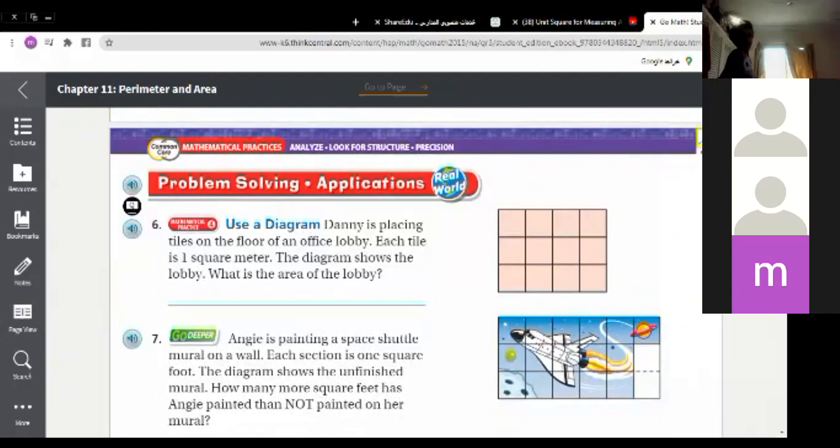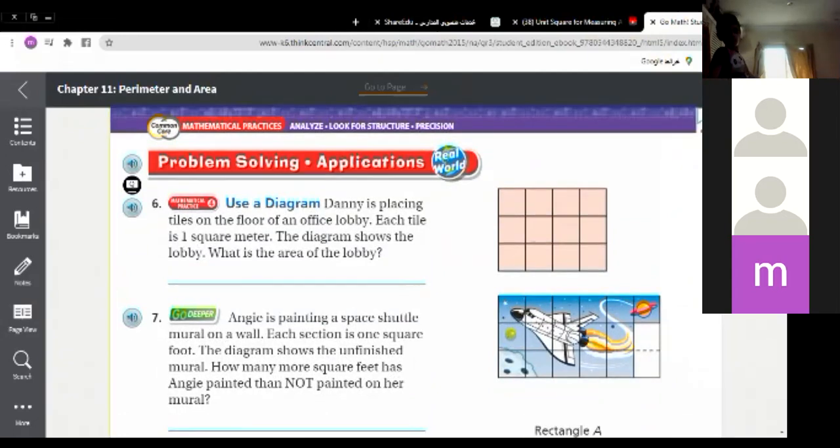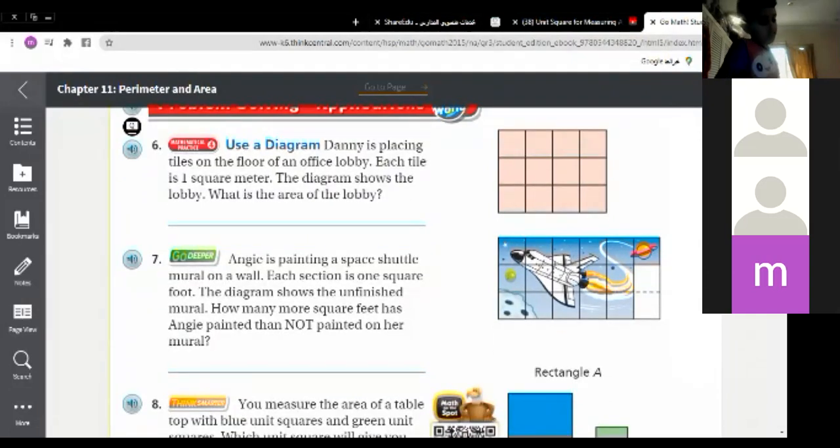Let's open the next page. Use a diagram. Yazan, please read that. Use a diagram.